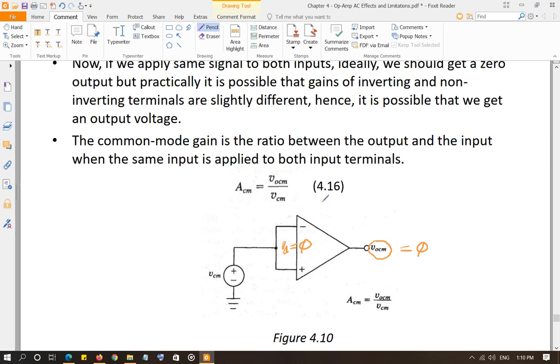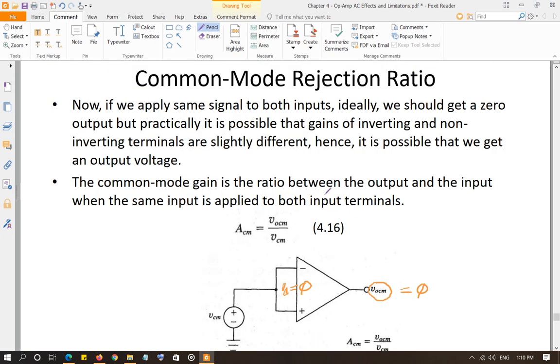That leads us to common mode and then common mode rejection ratio. So what is common mode? Common mode is when you apply the same voltage to both the inverting and non-inverting input of the operational amplifier. And what is common mode gain? ACM, like we have AD.